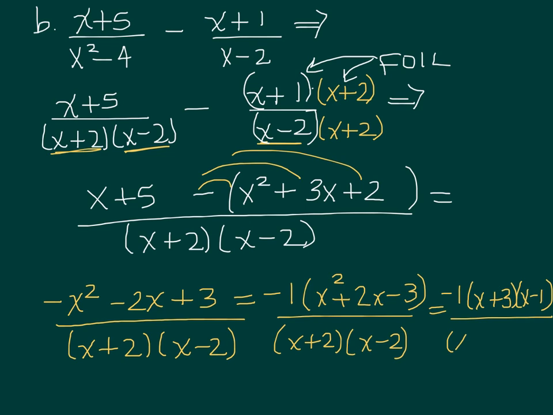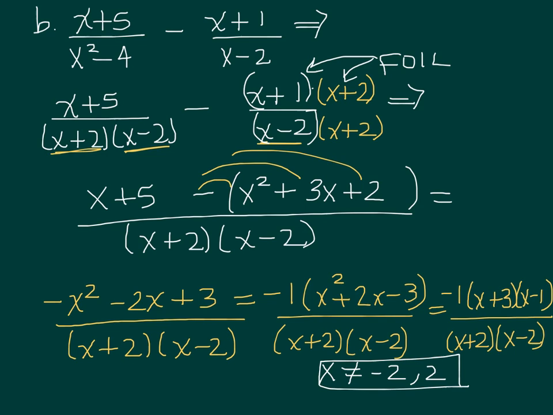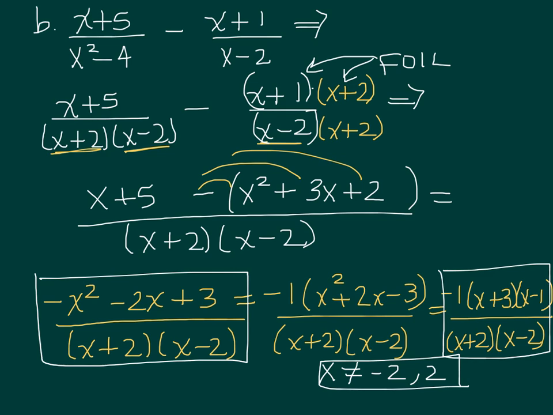But if you notice in this case, we can't divide anything. So that's as simple as we can go. And then just make sure you do your restrictions. X cannot equal -2 and 2. So you can either leave it as this answer, or it can be in factor form like this. So both of these answers are correct.